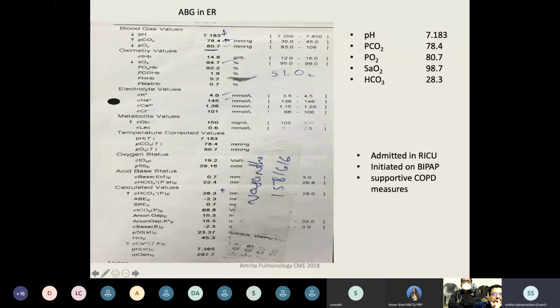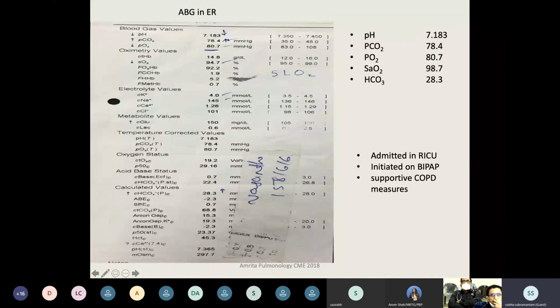So first we will look at the oxygen. PaO2 is 80, which is normal, but she is on 5 liters of oxygen. Oxygenation is carried out with oxygen supplementation. Now, look at the carbon dioxide. PCO2 is high, 78.4. So there is hypoventilation. Now look at the acid-base balance. pH is 7.183.